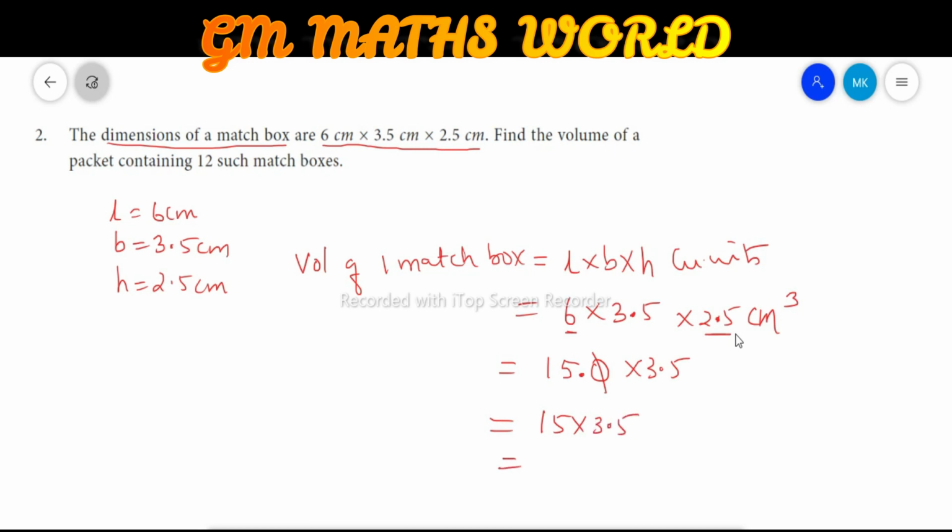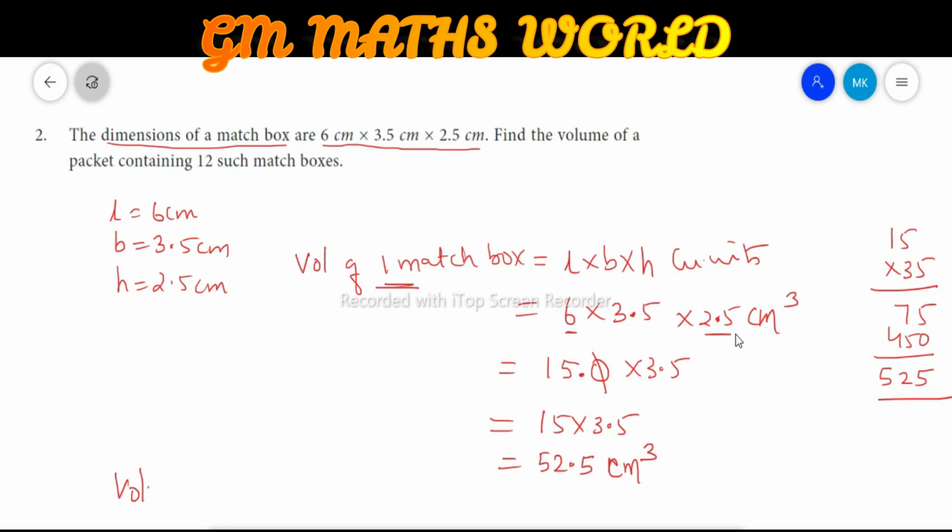So you multiply this one, 15 into 35: 15 fives are 75, 15 threes are 45, 0 here, 5, 12, 525 and one decimal point. So it is 52.5 centimeter cube for one matchbox.